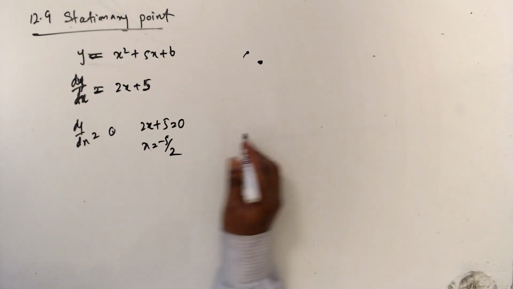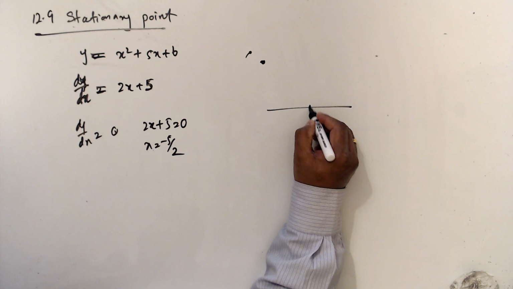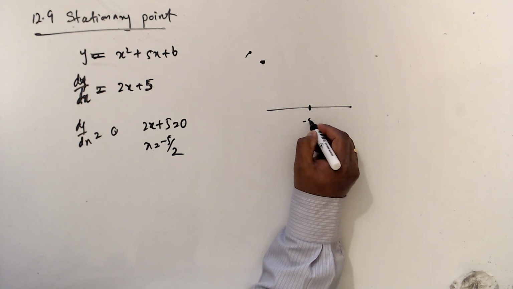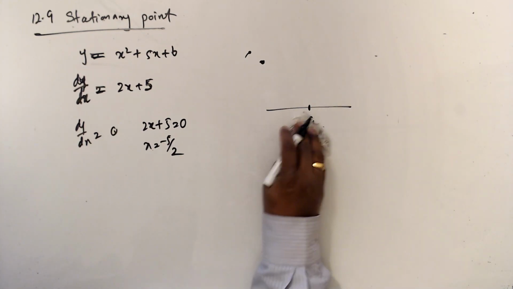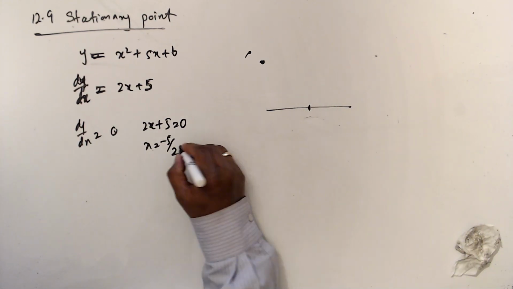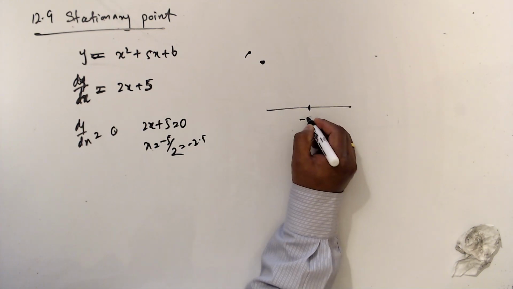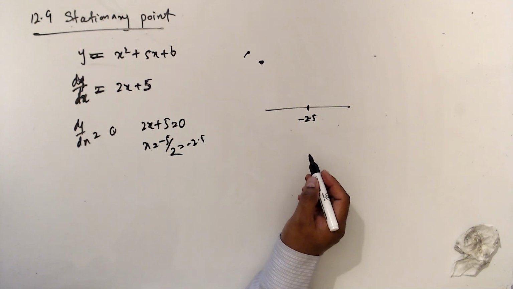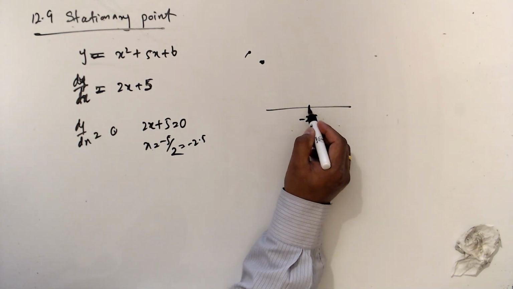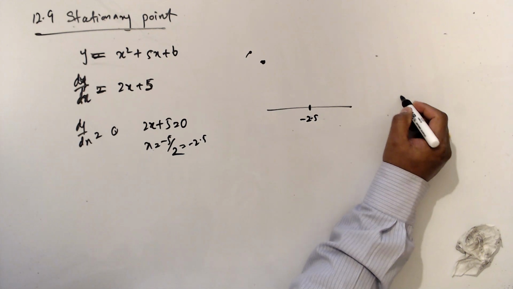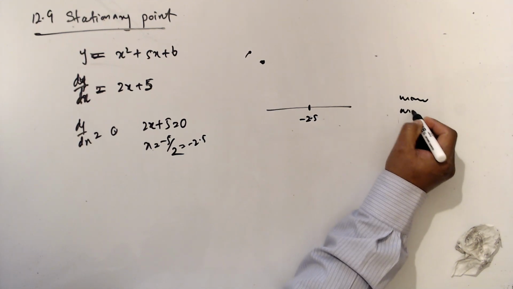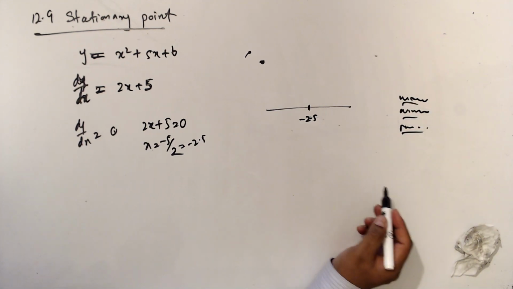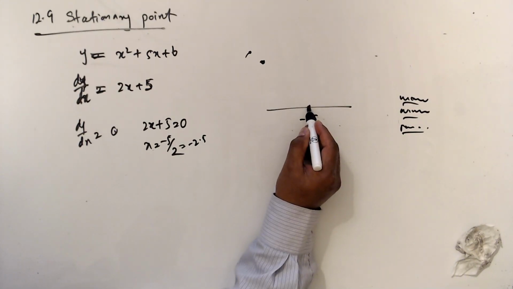Now we found the point x equals minus 5 by 2, minus 2.5. Now I want to check this stationary point. Who knows if this is a maximum or minimum or point of inflection? We don't know. Now we'll check f dash x.